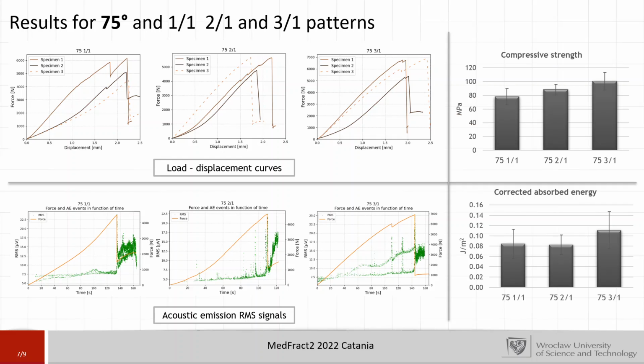And we might see a tendency in compressive strength: for the 3x1, the most developed mosaic pattern, where the number of interlaces is the highest, the compressive strength was the highest, while the corrected absorbed energy didn't show any significant difference, mainly due to the scatter of the results.